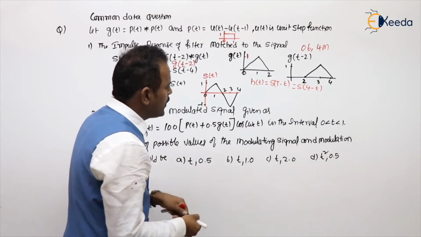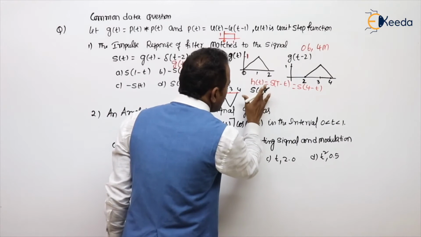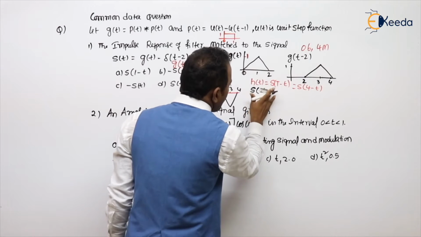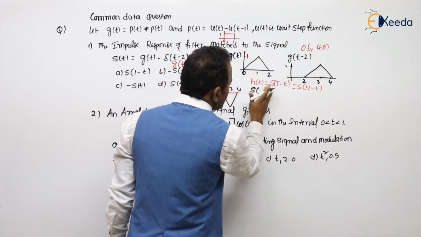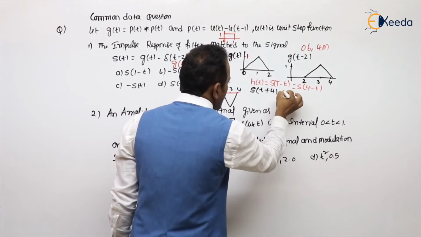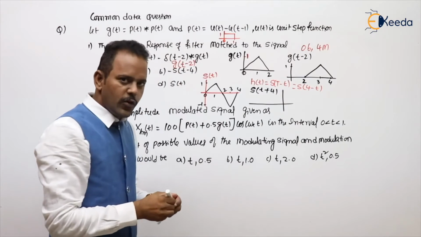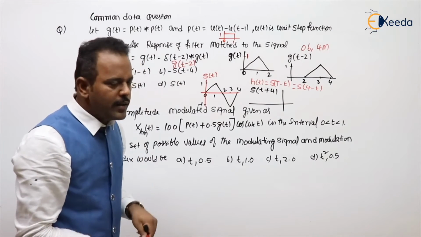So first I am doing s(t plus 4). How to get this one, sir? How to get t plus 4? Subtract 4 from all t values.